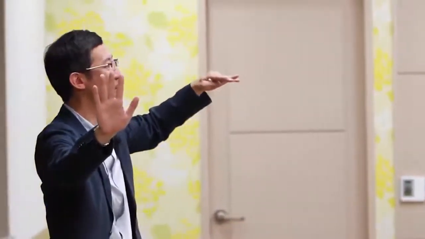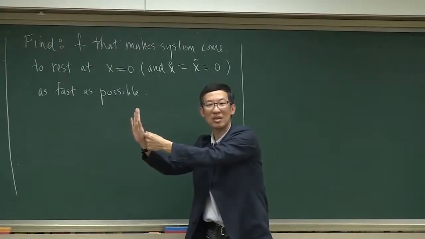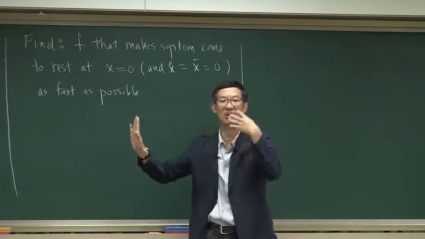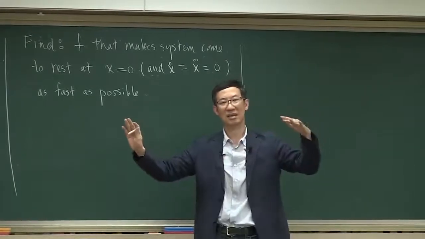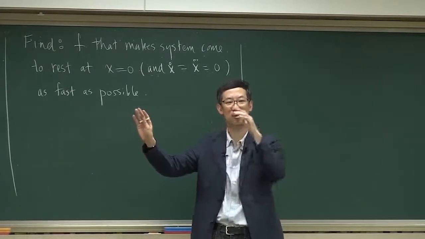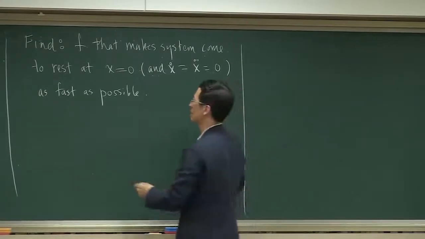It's kind of like this problem. The mass is the car, and you're trying to make it come to rest at this certain position as fast as possible. So intuitively what you do is you accelerate as fast as possible and then brake as strongly as possible.